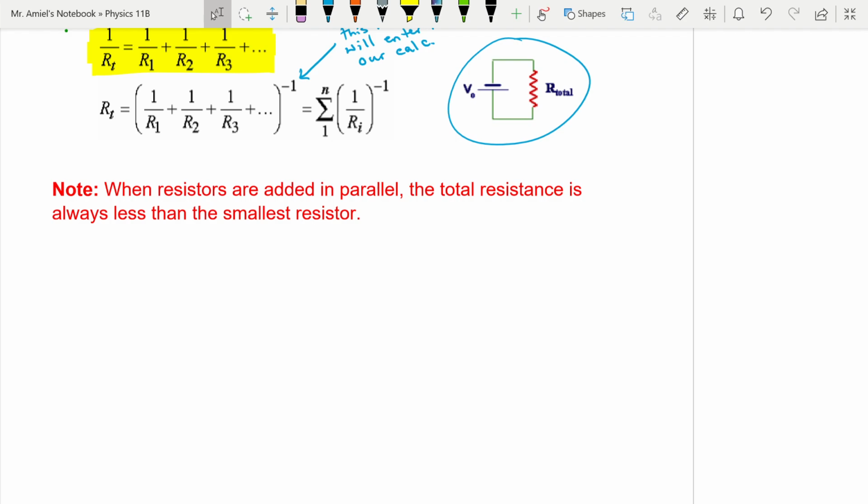Okay, now when resistors are added in parallel, the total resistance is always less than the smallest resistor. This is just by virtue of the fact that you've got 1 over your resistances.